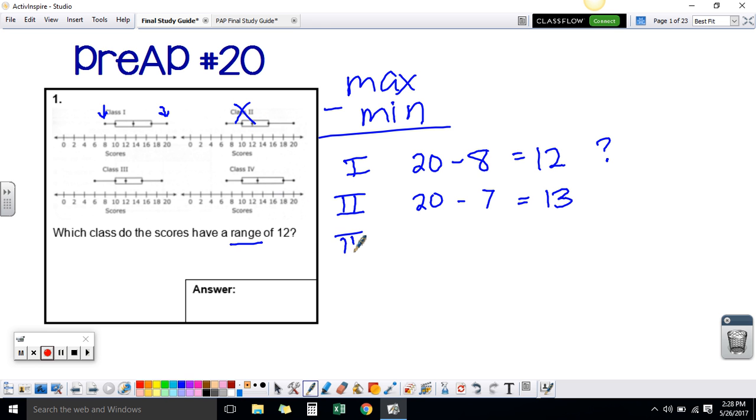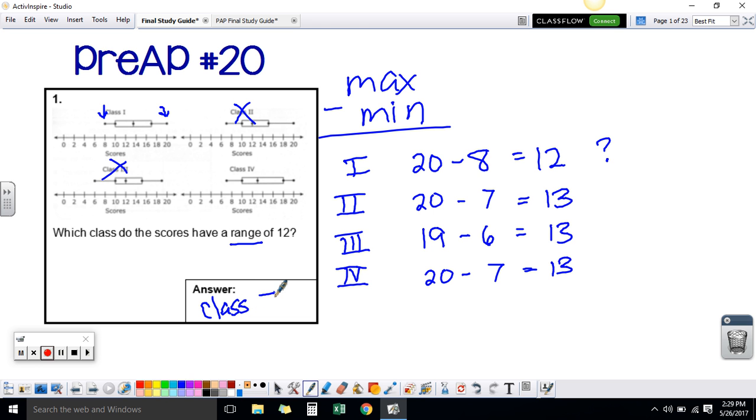Class 3 has a maximum of looks like 19 minus a minimum of 6 gives us 13, also not what we're looking for. And class 4 has a maximum of 20 and a minimum of 7, and that gives us 13 also. So you were correct. Class 1 has our range of 12.